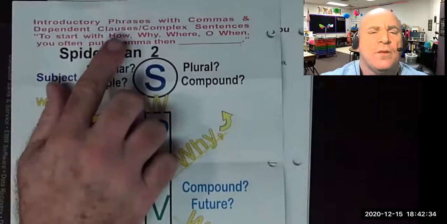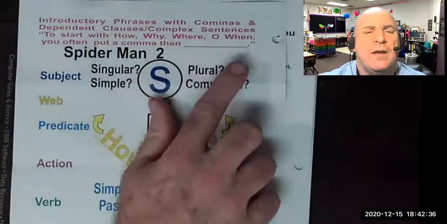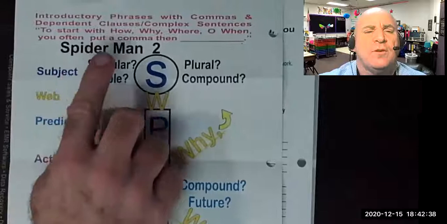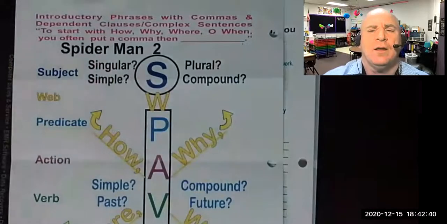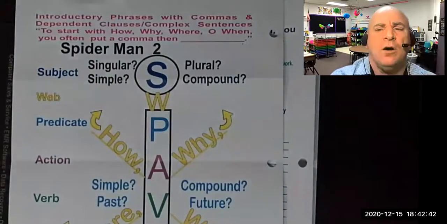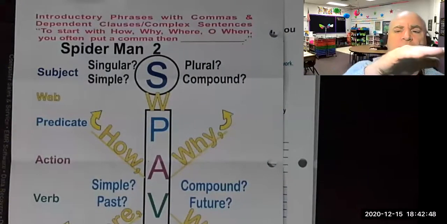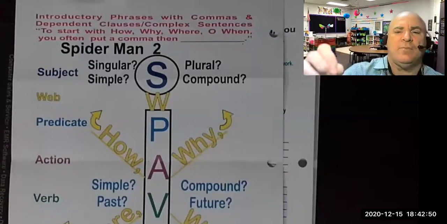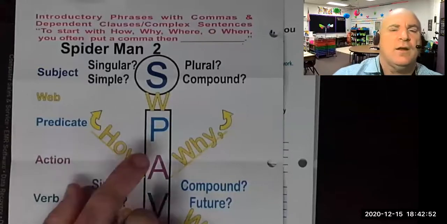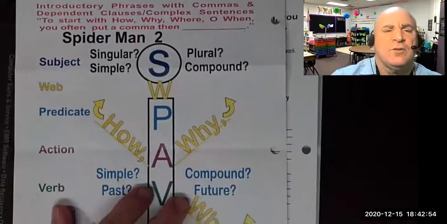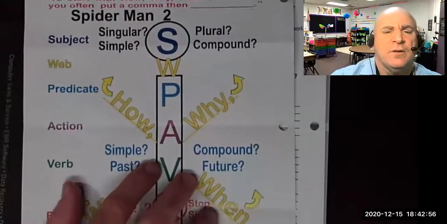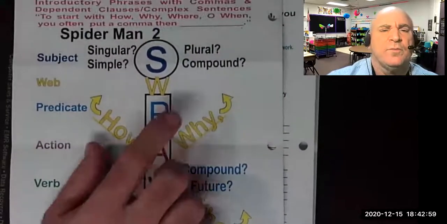To start with how, why, where, oh, when, you often put a comma, making a low curve there, then, and then a punctuation mark.